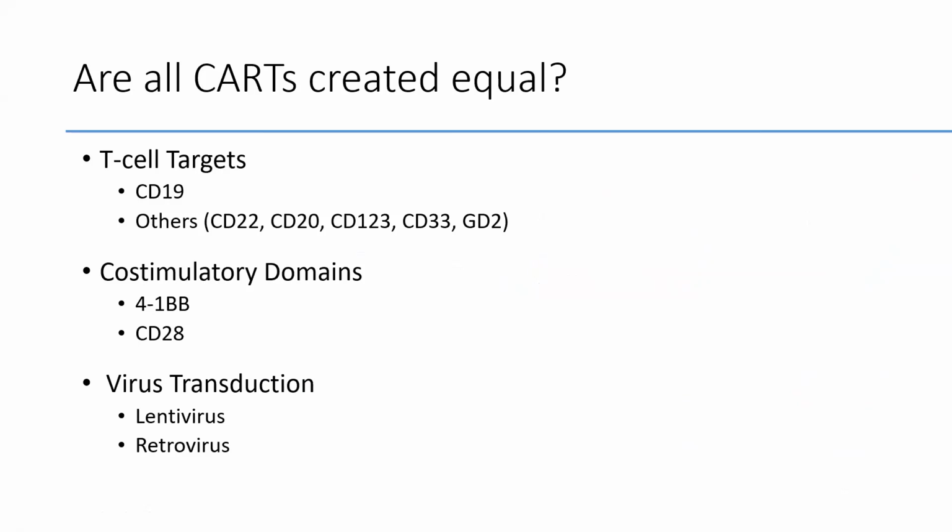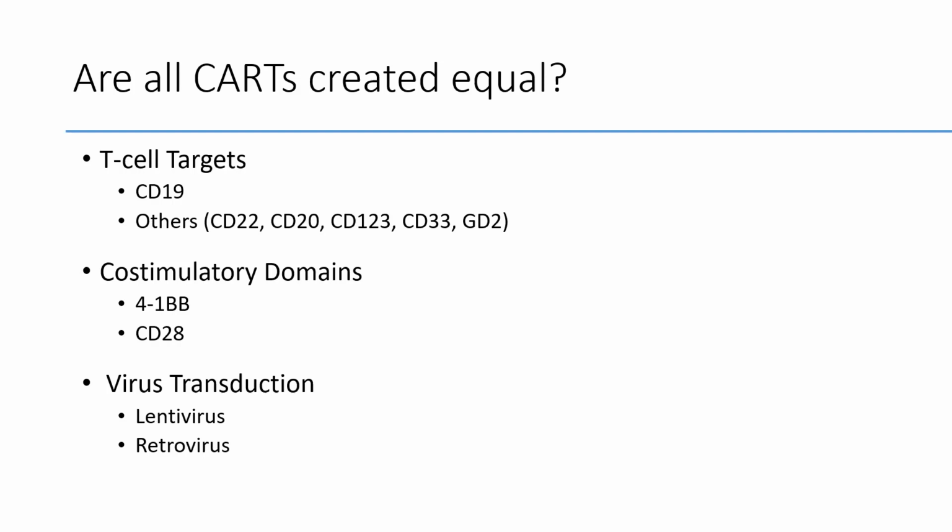The most studied CAR T targets mostly CD19, although there are ongoing studies of other targets. The CAR T design can also differ in its costimulatory domain, some using the 4-1BB domain and others using CD28, both of which act as the second signal to help improve T cell activation and persistence.